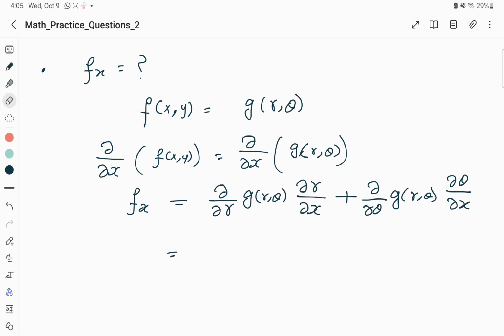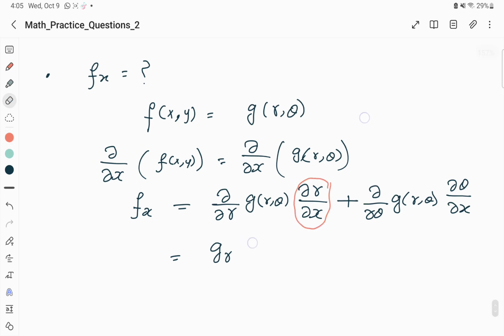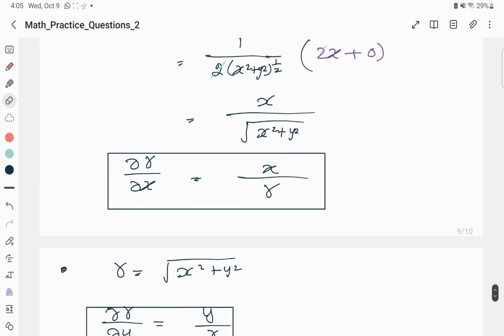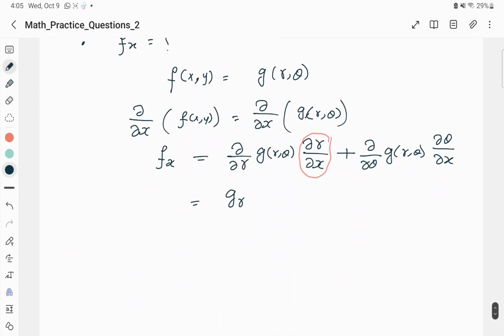Okay, so this partial over partial r of g(r, theta) will be written as just g_r, and here we have partial r over partial x, which we have already calculated in the second part of the question. Partial r over partial x was x over r, plus this is the derivative of g with respect to theta, which is rewritten as g_theta, and then we have partial theta over partial x.